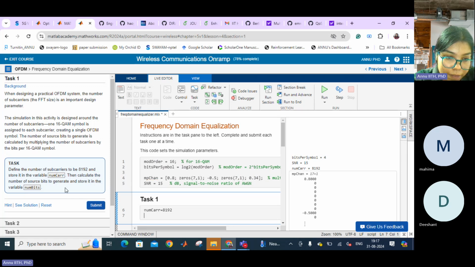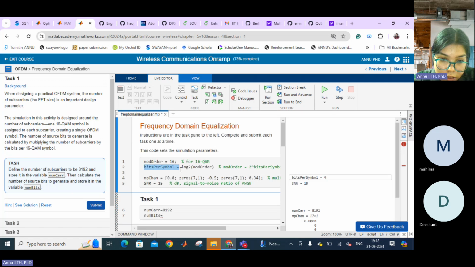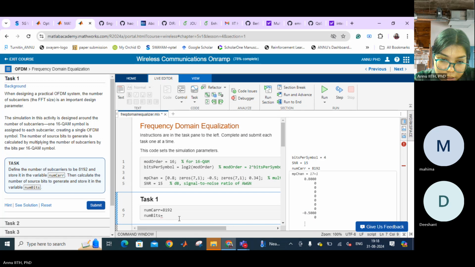Then calculate the number of source bits to generate. It will be multiplied by the number of carriers.